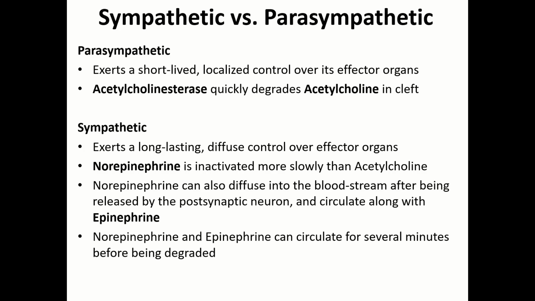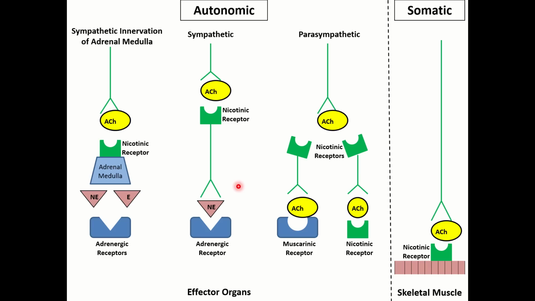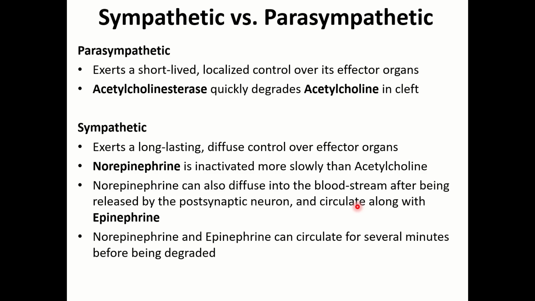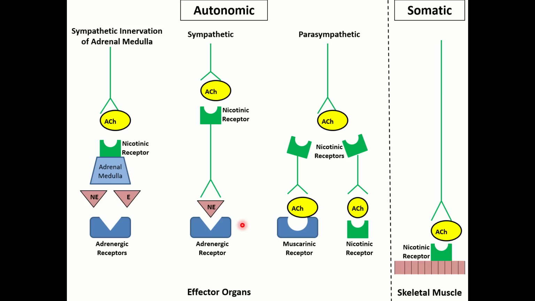But first off, we're going to look just one more time at the effect of these neurotransmitters on sympathetic and parasympathetic output. We find that the parasympathetic nervous system tends to have short-lived and localized control, and that's because the acetylcholinesterase that's present in the cleft tends to degrade acetylcholine pretty rapidly. The sympathetic nervous system tends to have a longer-lasting effect, and this is because norepinephrine is inactivated more slowly than acetylcholine is.